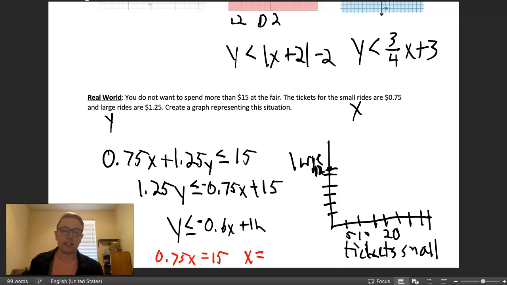And now what we can say is, we have a point here, we have a point there, and we know we can spend up to that $15. Anything less than that is fair game. And so this will give us the total amount of rides that we can get on for small rides and large rides.